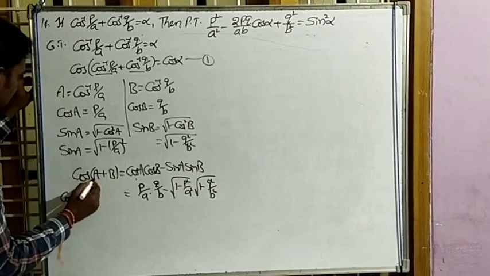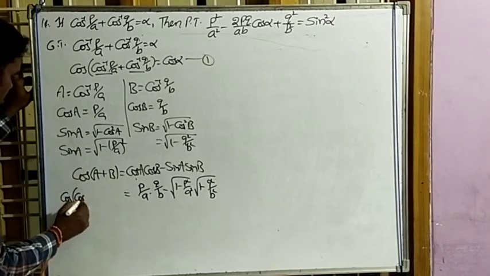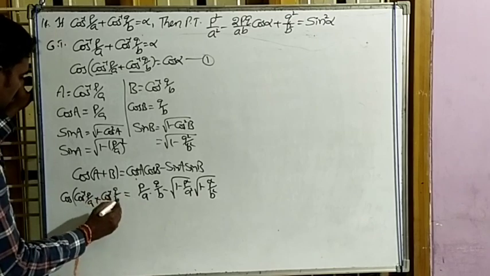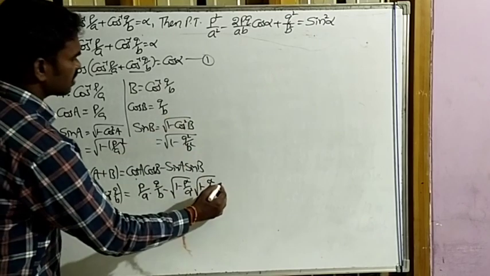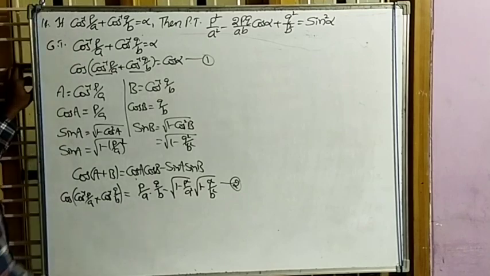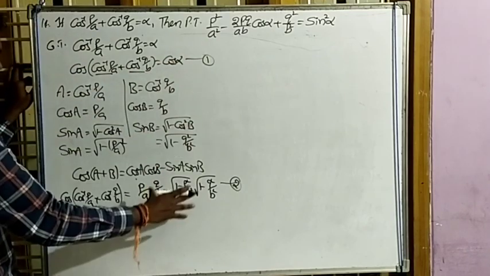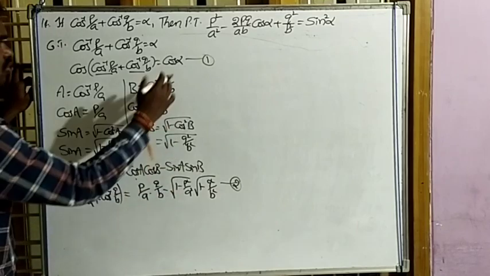Cos a means cos inverse p by a, and b means cos inverse q by b. Okay, this is equation 2. So from equation 1 and 2, here the right hand side is cos alpha, so this one is equal to cos alpha.